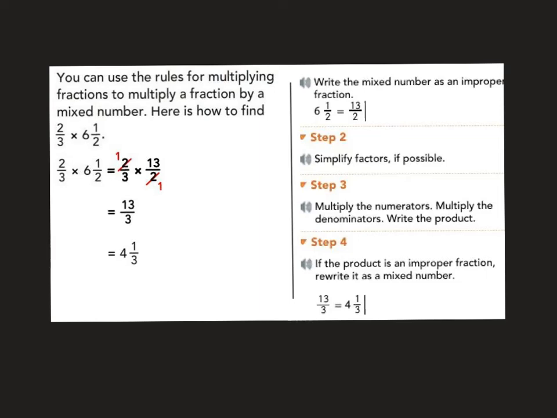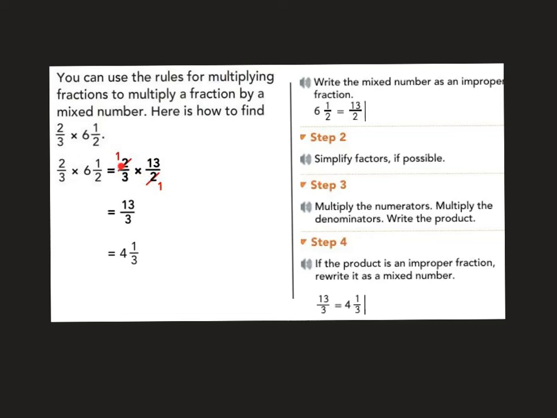So 6 times 2 is 12, plus 1 is 13, and the denominator stays. So 13 halves, which is what they have right there. So now they have 2/3 times 13/2 instead of 6 1/2. Now it's in fraction form.